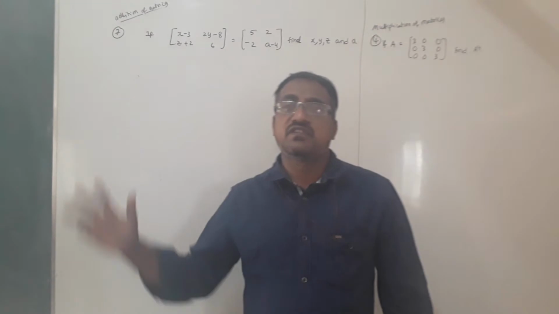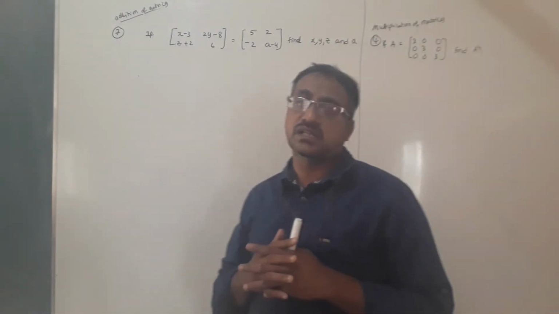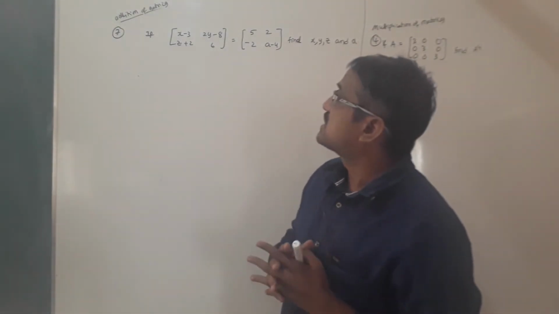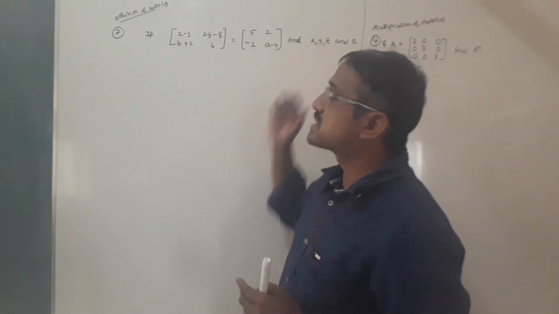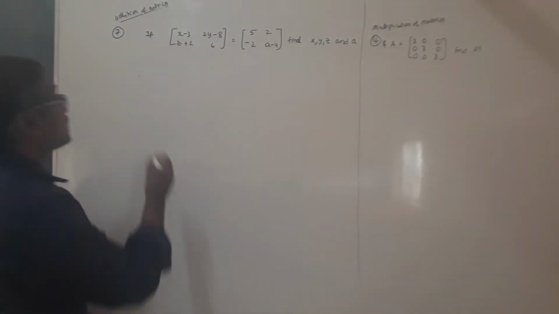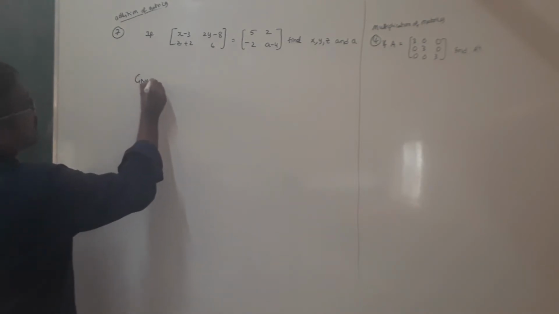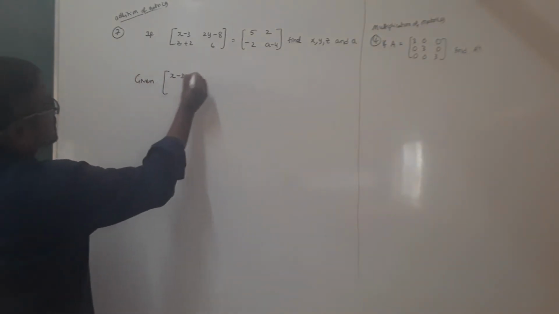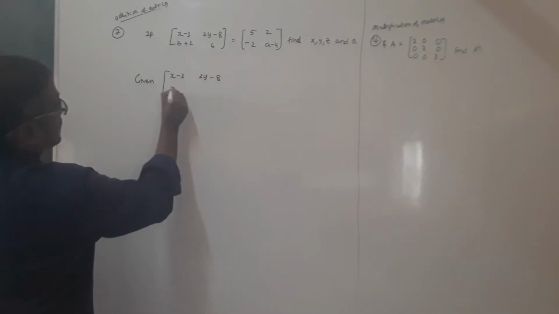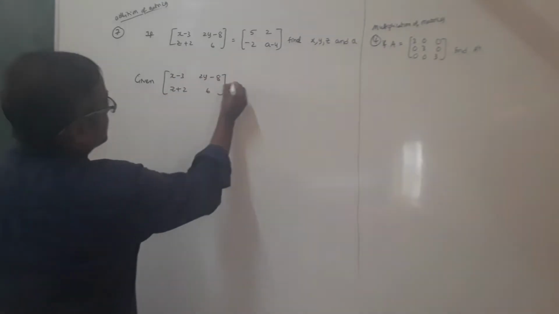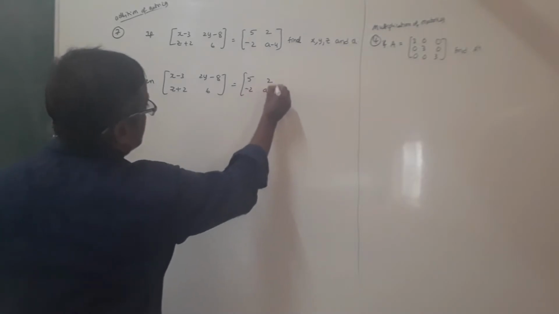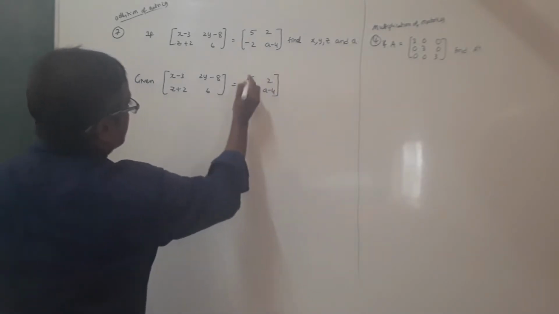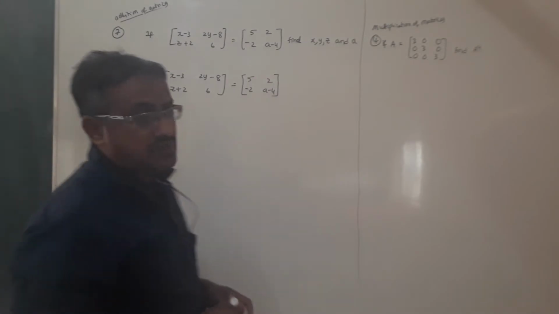This is a problem from addition of matrices. Here it is given that two matrices are equal. You have to find x, y, z and a. Given that the matrix [x − 3, 2y − 8; z + 2, 6] is equal to the matrix [5, 2; −2, a − 4].